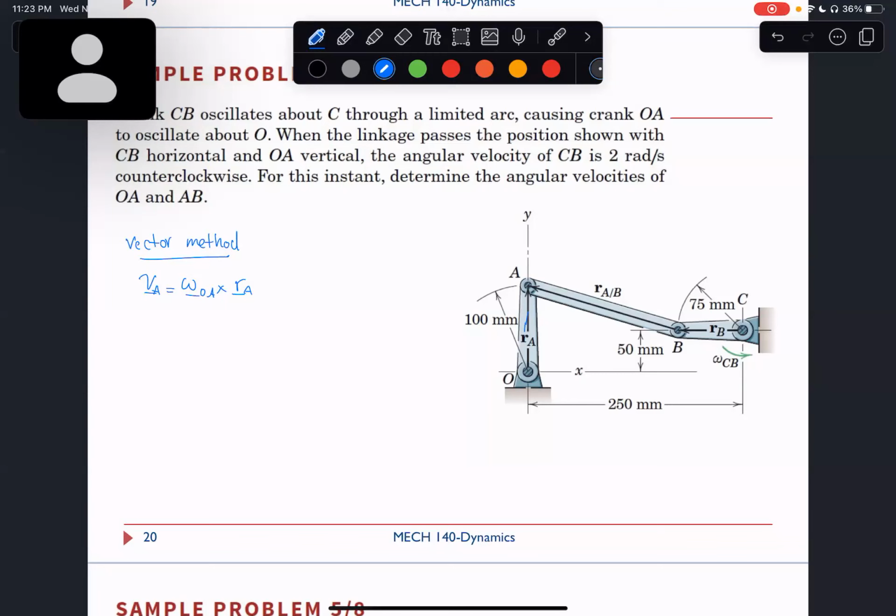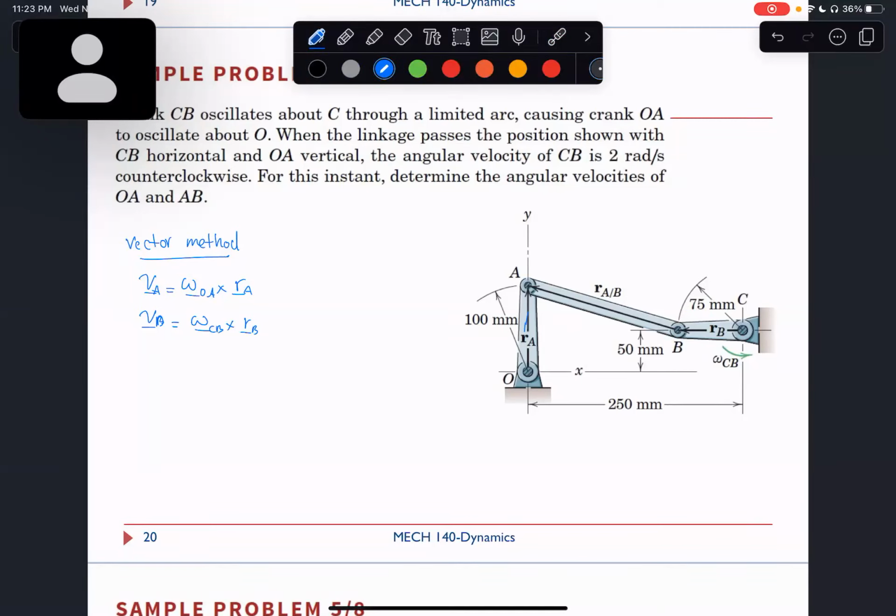Or sorry, the velocity of point B, that's going to be omega CB cross this, which we're calling RB, right?